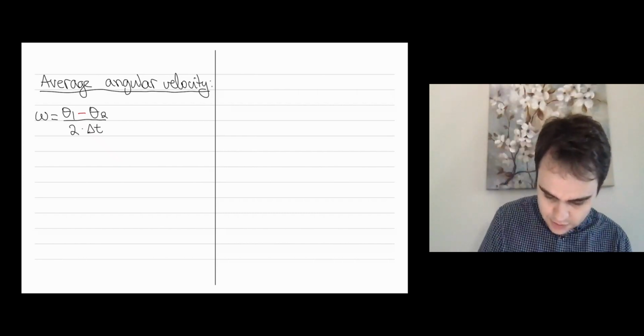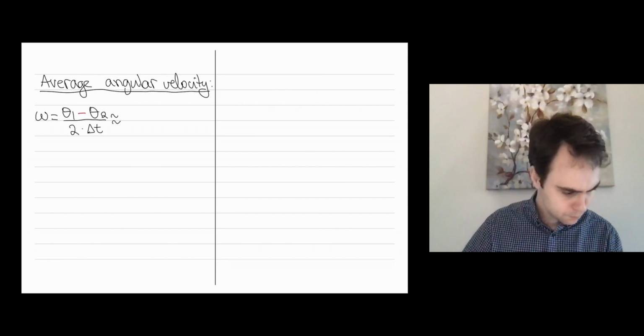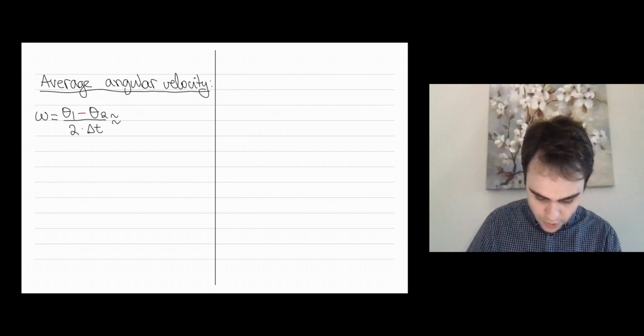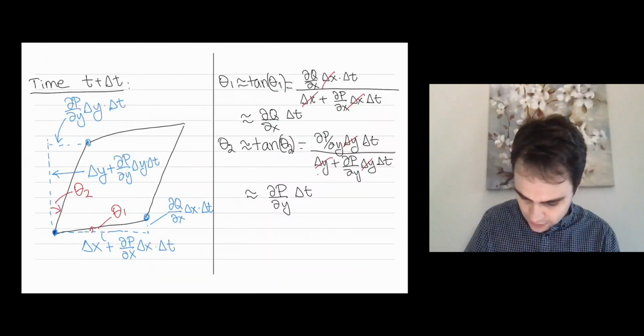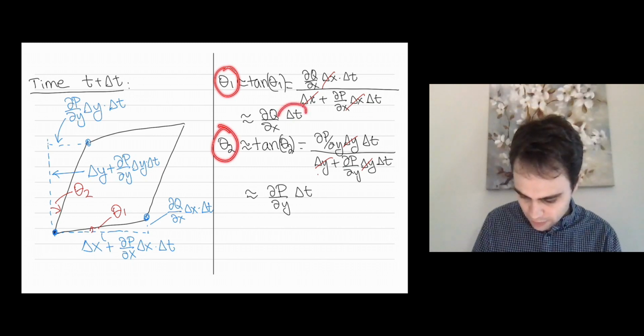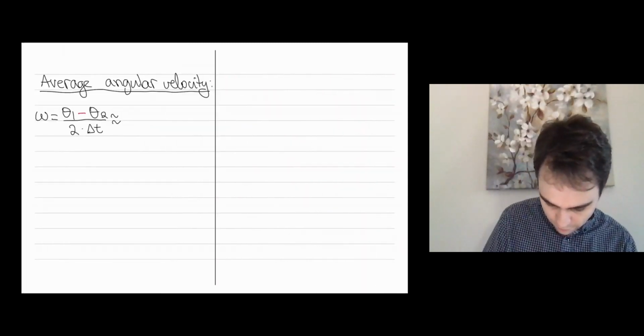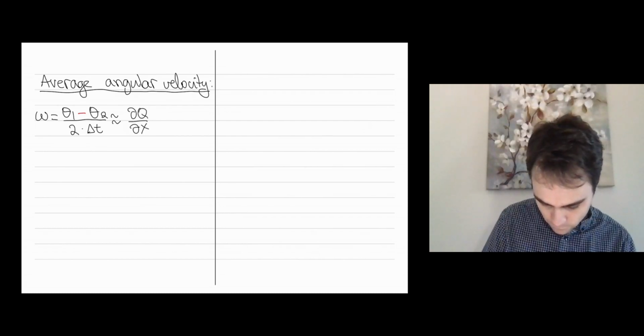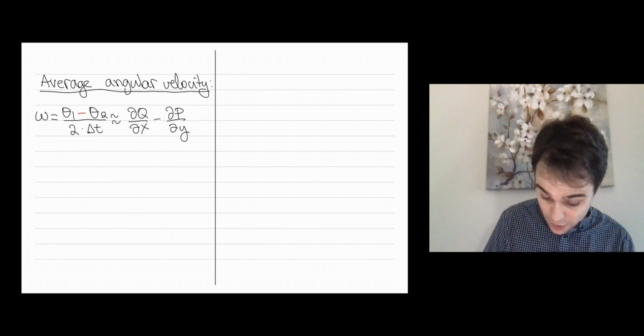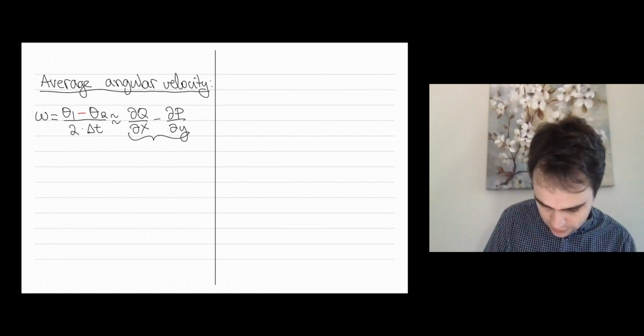So this is approximately theta 1 minus theta 2 divided by delta t, and we just get dq/dx minus dp/dy, which is, my friends, the curl.